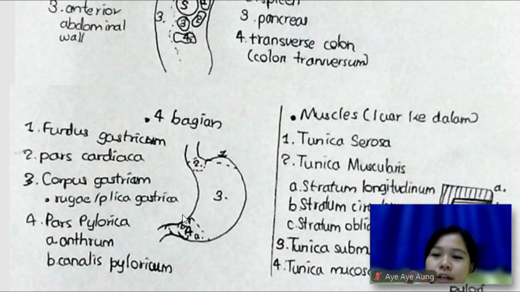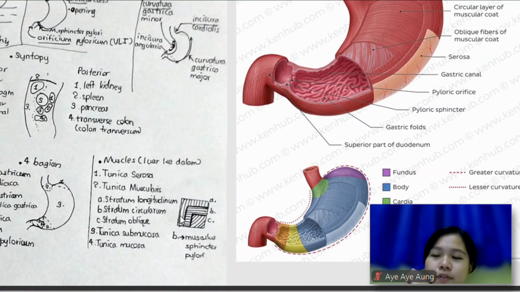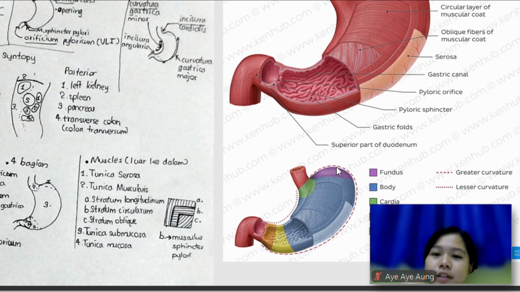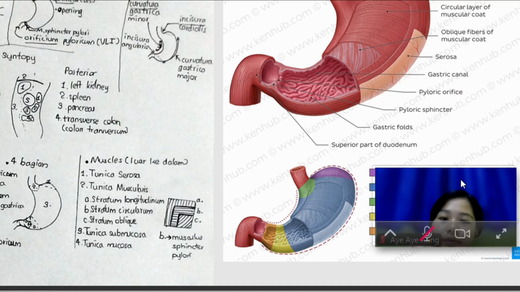The pars pylorica is here, and it has two parts: the antrum pyloricum and canalis pyloricum. And if my drawing isn't clear enough, you can see here. This is the fundus, this is the body, this is the cardia, and then this is the pyloric antrum, and this is the pyloric canal.